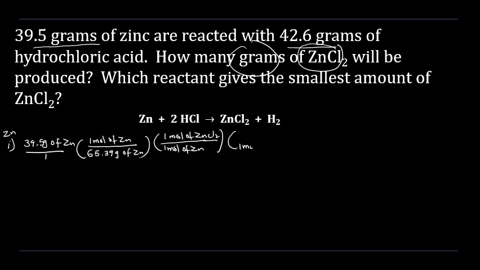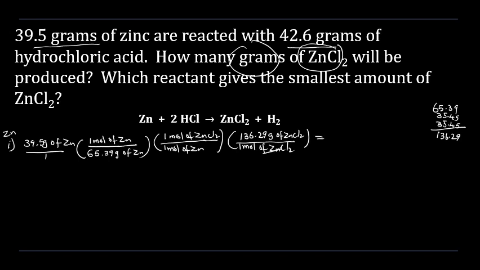In 1 mole of ZnCl2, if you calculate the molar mass from the periodic table, Zn is 65.39, chlorine is 35.45. There are 2 chlorines, so 35.45 times 2. That equals 136.29, so that will go in the numerator, 136.29 grams of ZnCl2. That's all I need because I will get it in grams.